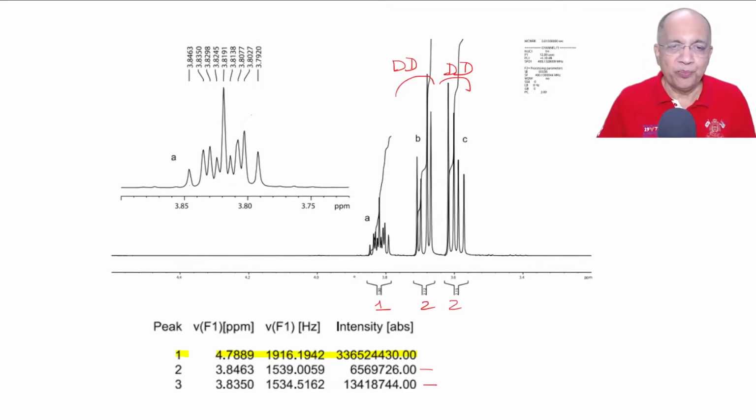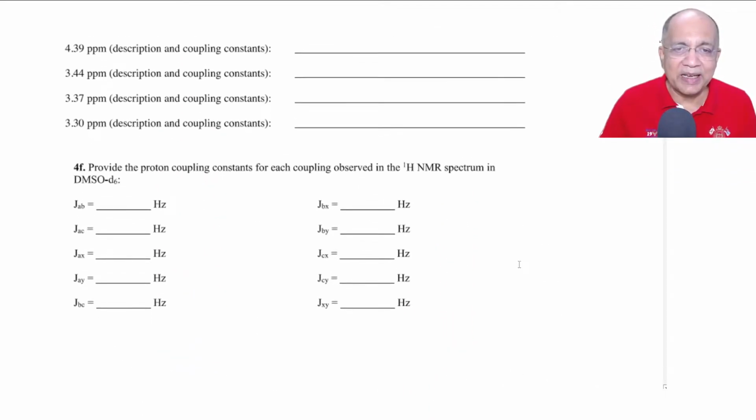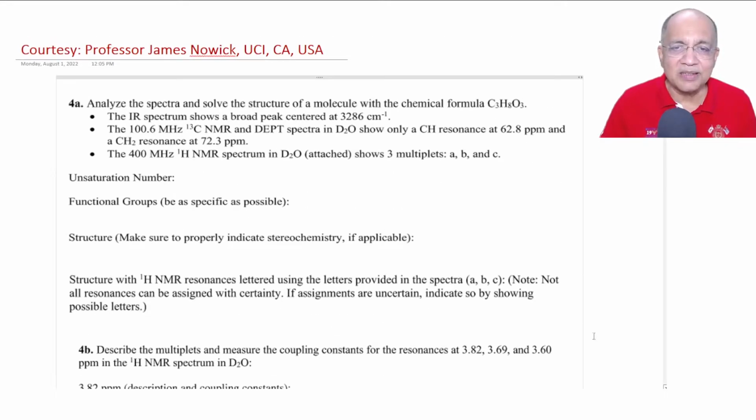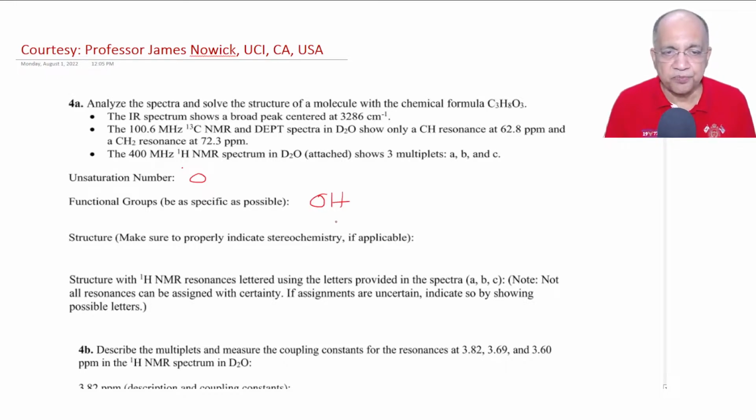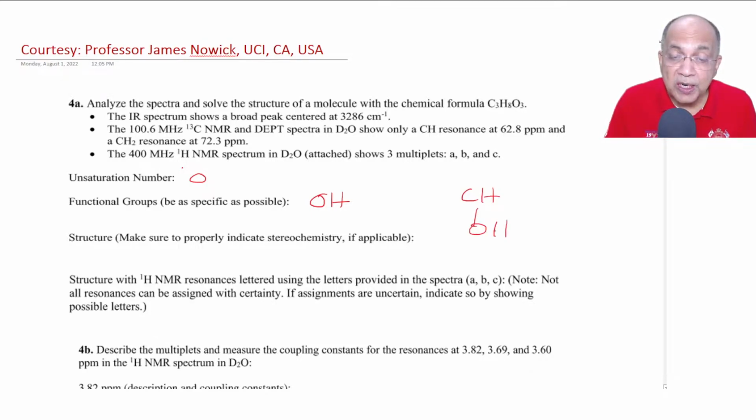Now the interesting thing is the formula is C3H8O3. There is only one functional group, OH. The unsaturation is 0. The functional group is nothing other than OH. We have only one CH and one CH2 revealed from DEPT, distortionless enhancement by polarization transfer.